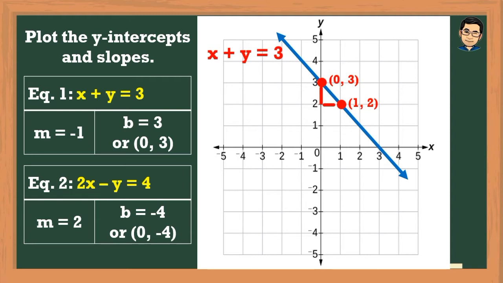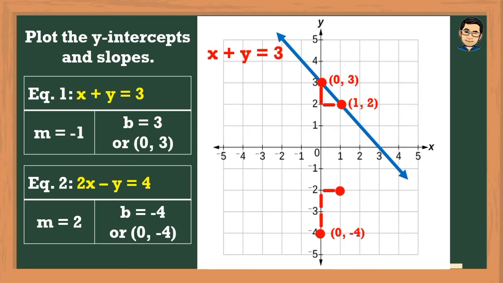What about the graph of 2x minus y is equal to 4? Using the y-intercept (0, negative 4). There is the point (0, negative 4). And then, using the slope, which is 2, the rise here is 2, upward, because we have a positive slope now. We don't go down. So, two, and then one going to the right.